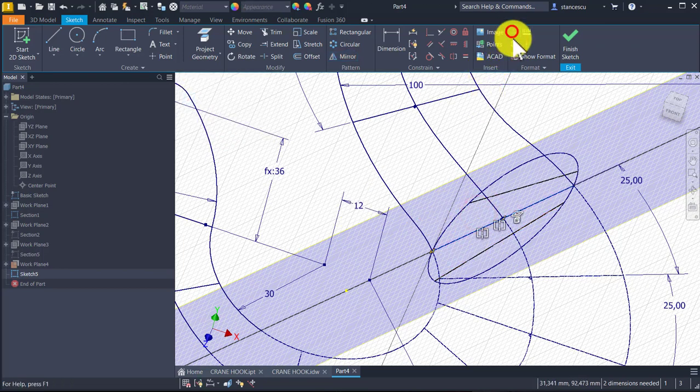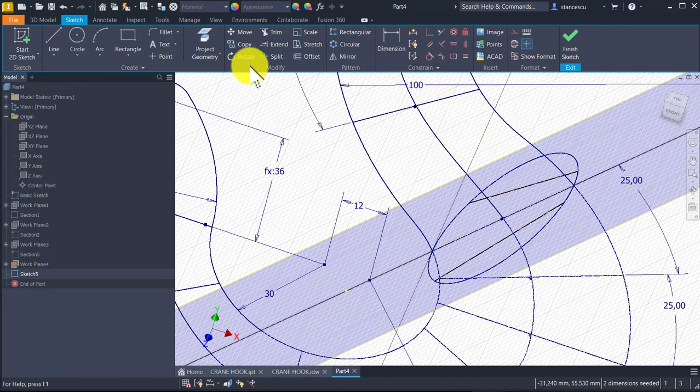Don't forget this, because we'll select sketches to apply loft. This is my intention, to apply loft. And we select sections with a very clear contour, not to select this area or this area or this area.